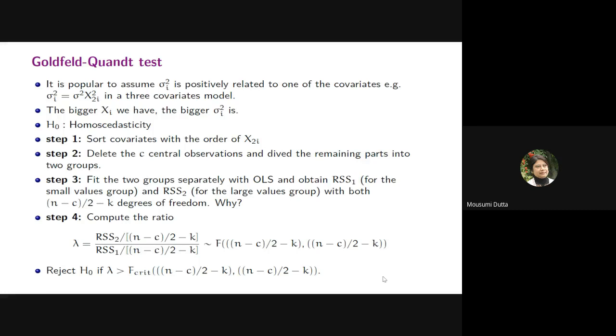Okay, so your observation is now n minus c by 2. If C is too large, there will be a problem regarding the number of observations leading to degrees of freedom.